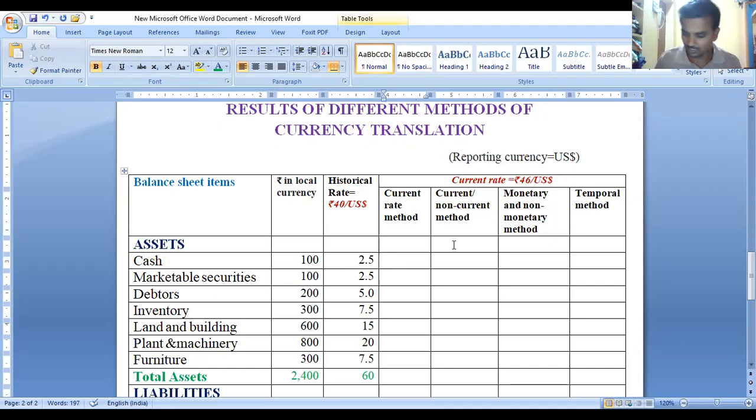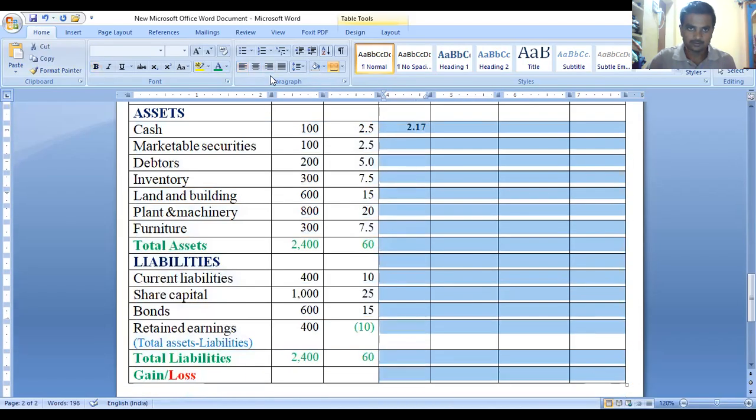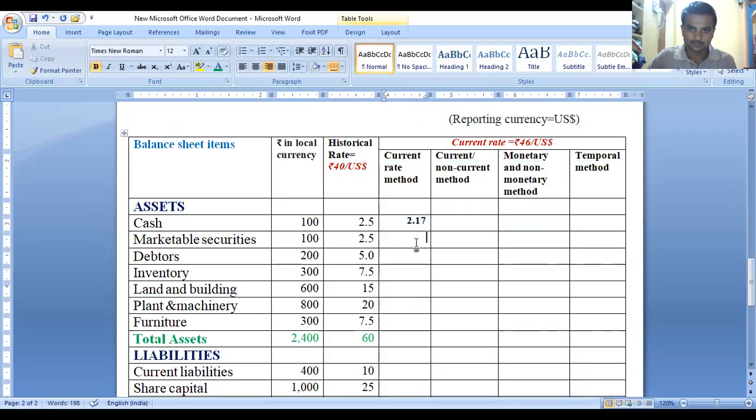So you would get 2.17 dollars. Same again, you need to calculate. Marketable securities, how much is there? 100 is there. Again it comes to 2.17.